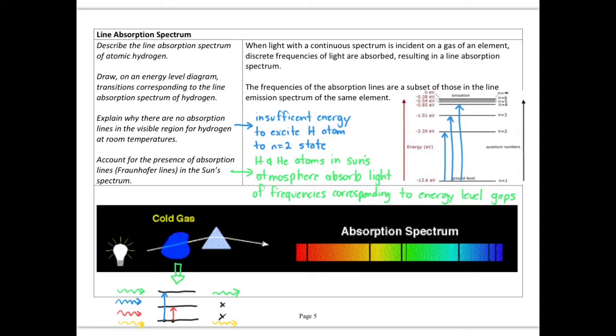So that means that we'll only see absorption lines here if the hydrogen is already in a fairly energetic state, because the ones that would correspond to the absorptions that would be in the visible region would be these ones here. So these are all absorption lines, same as the subset of the emission spectrum. So we won't see those because there's not basically 10 electron volts of energy at room temperature to push the atom up into that state.